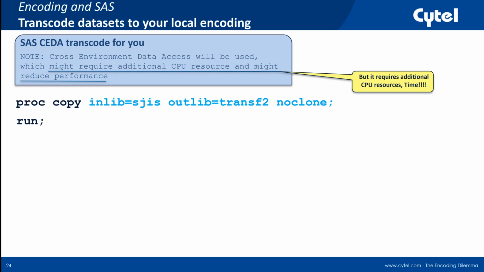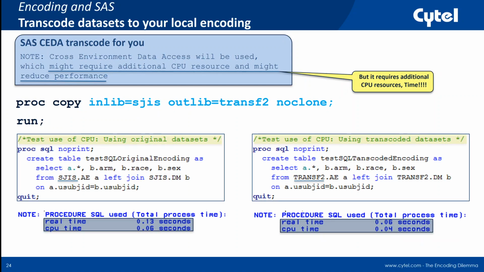The conversion can be done by simply running a PROC COPY where all datasets of the source library are copied to the new library using the local session encoding. This can save later some CPU time every time the transcoded datasets are used, as shown in this example in the slide.